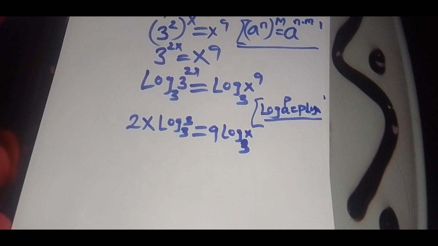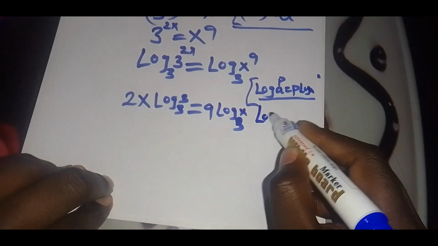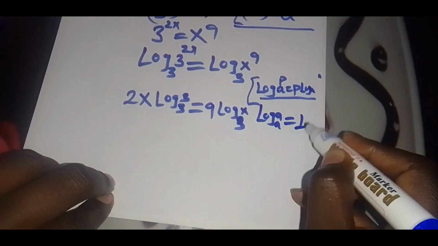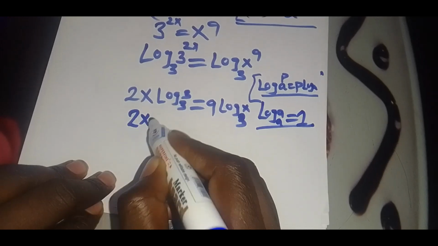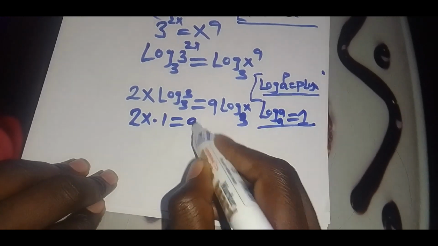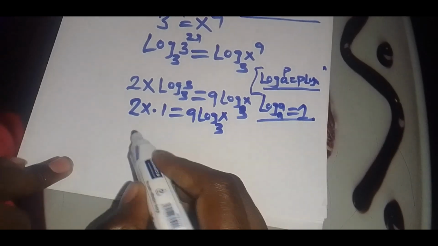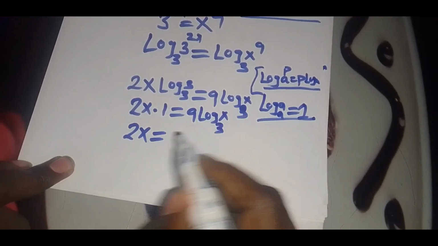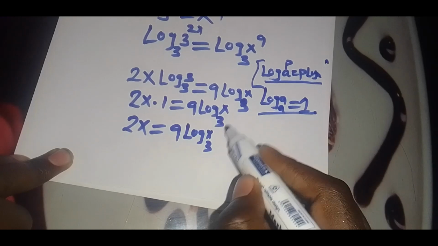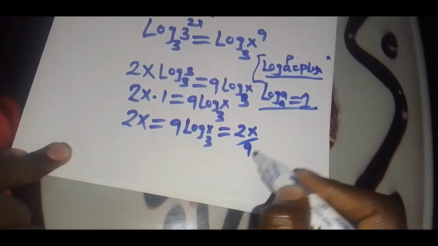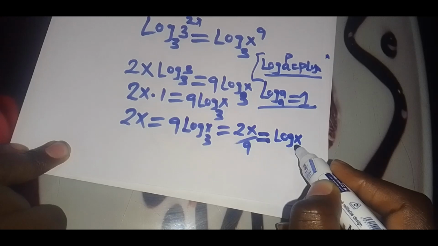Remember, log a to base a is actually equal to 1. So here this is 1, and we have 2x multiplied by 1 equal to 9 log x to base 3. So now we have 2x equal to 9 log x to base 3, which can be written as 2x divided by 9 equal to log x to base 3.